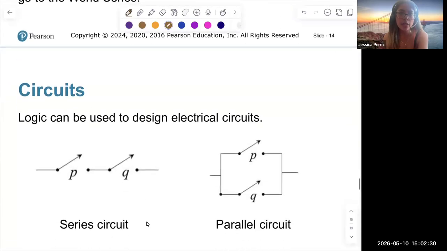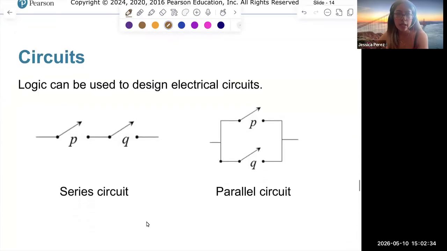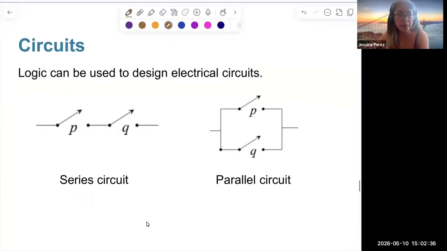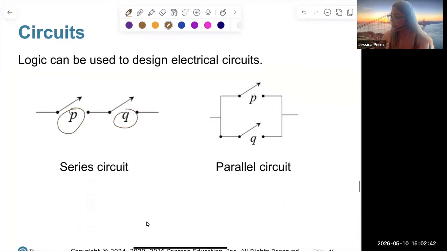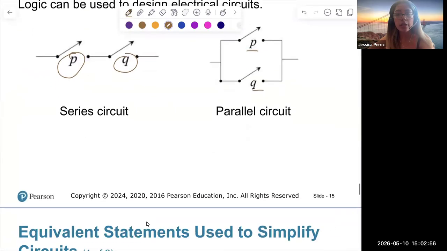Now, the last part is talking about circuits. Circuits can be used to design electric circuits. So you have P implies Q and Q implies P. So we have a circuit P and Q, but we also have some circuits that might be parallel. So you have P and you have a Q that might be parallel. You might have regular circuits or electric circuits that are actually defined by logic.